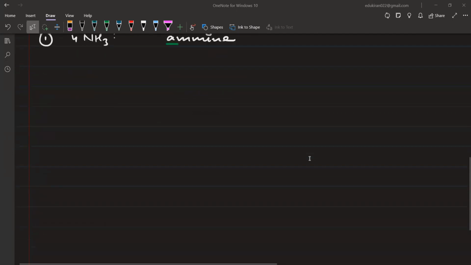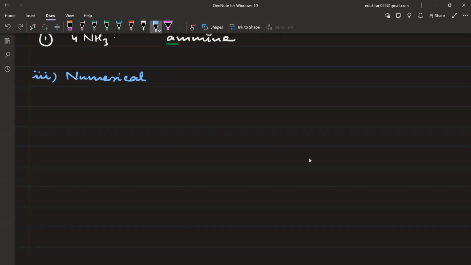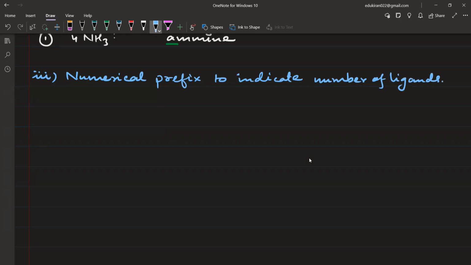Right, next. Third is numerical prefix to indicate number of ligands. Please write.